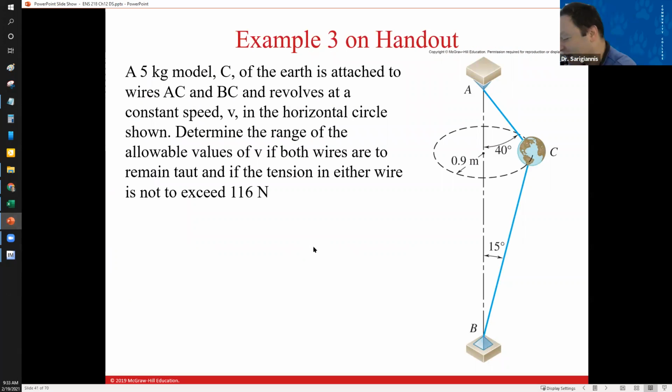Understanding dynamics is critical for any type of aerospace career. Everything's moving, and you have to worry about friction and all that. It's incredible.